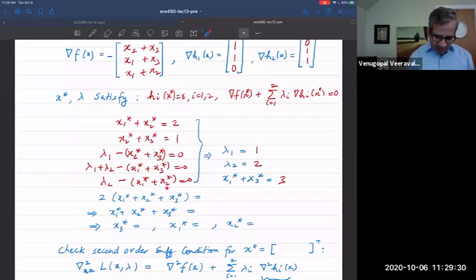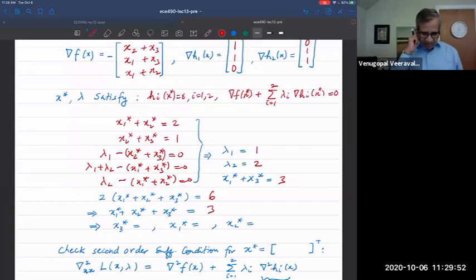If you take these last 3 equations and just add them up, you get 2 times x1 plus x2 plus x3 star equal to 2 times the sum of the lambdas. So that's equal to 6. And that means that the sum of x1 star, x2 star, x3 star is 3. And now we're done basically, because we know that x1 star plus x2 star is equal to 2. So x3 star must equal 1.